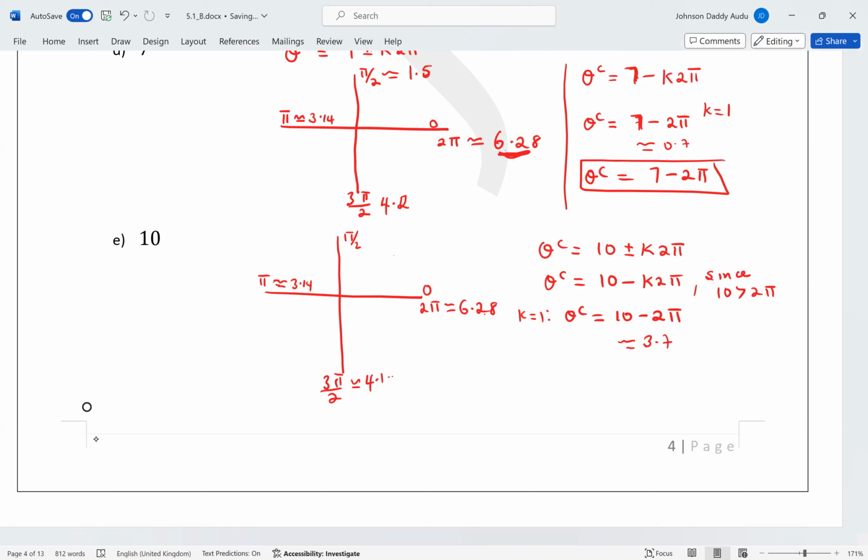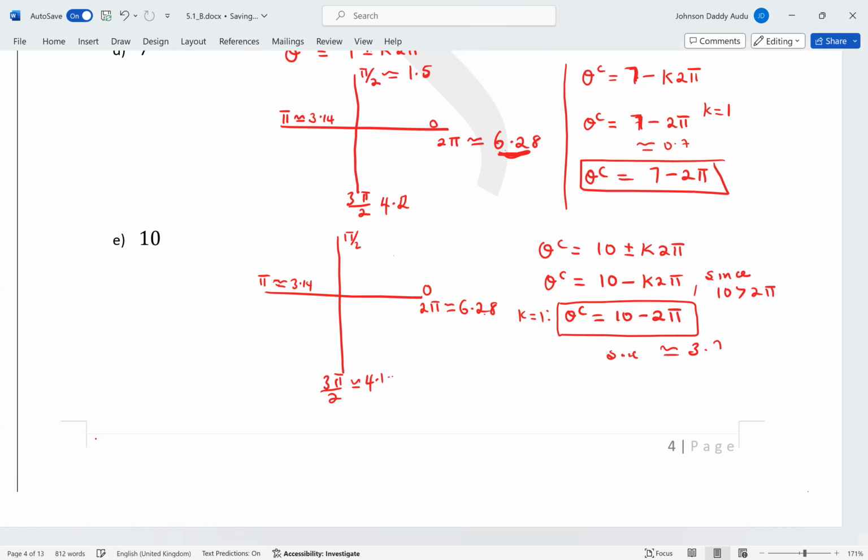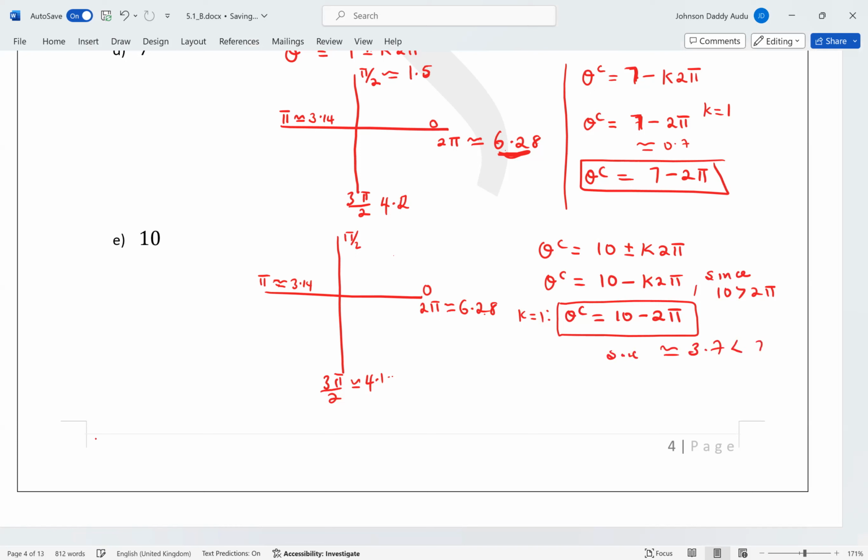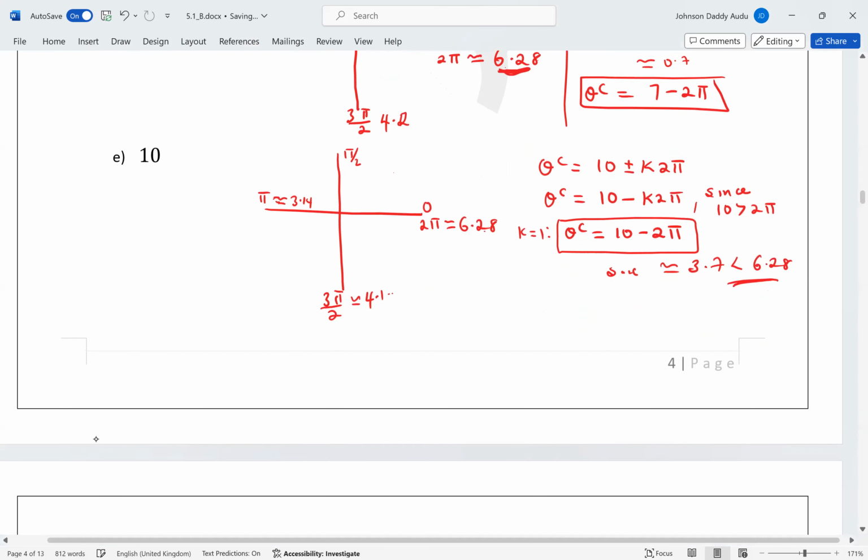So this is good. And we know that 3.7 is less than 2 pi, because 2 pi is 6.28. So it means that k equals 1 will do the job. This is approximately 3.7, which is less than 2 pi, or less than 6.28. So that is the coterminal. All right.